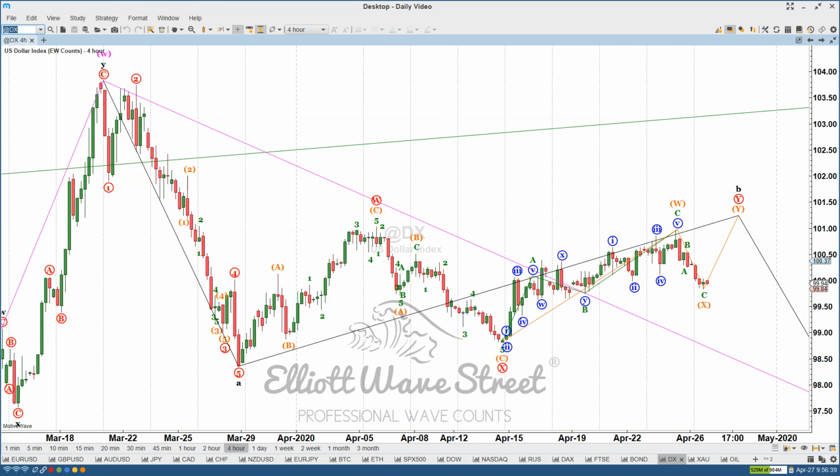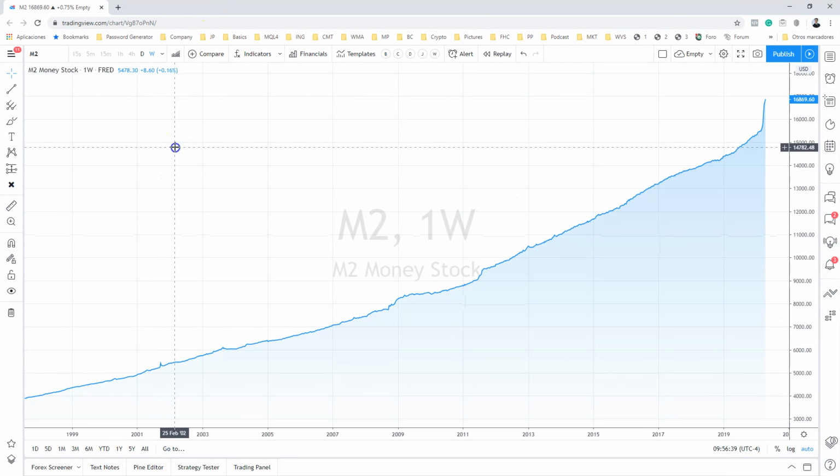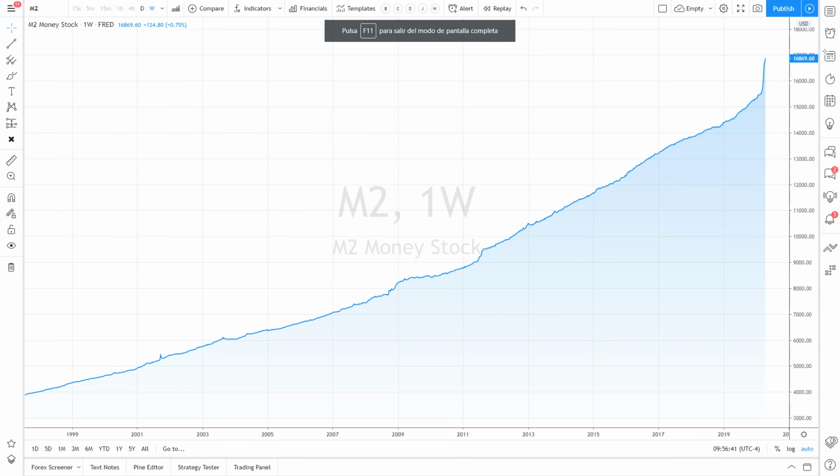I'm going to check now the dollar index, but before we go into the details about the dollar, let me share with you an interesting analysis about the M2 curve. The M2 curve, first of all, let's start with the M1 if you're new to these macroeconomics. The M1 curve is the amount of money in the market.